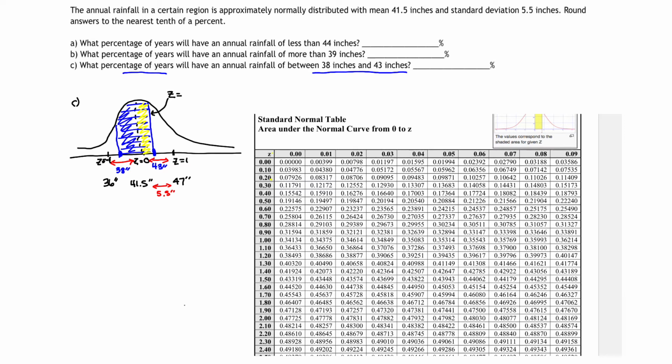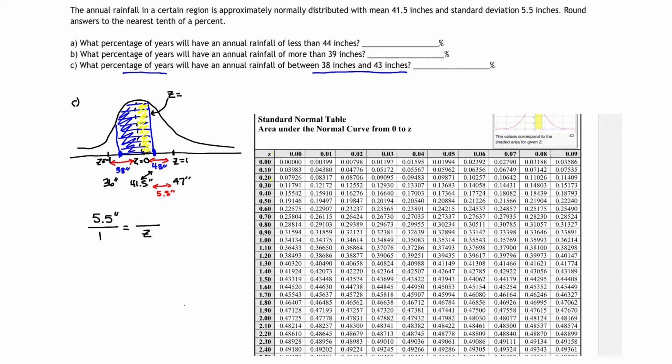Well, we're going to set up a proportion. We are going to look at the proportionality between z equal 1 and 5.5 inches. In other words, 5.5 inches, our standard deviation, corresponds to the z value of 1. In a similar fashion, the distance between 43 and 41.5 corresponds to this z value I'm trying to find.